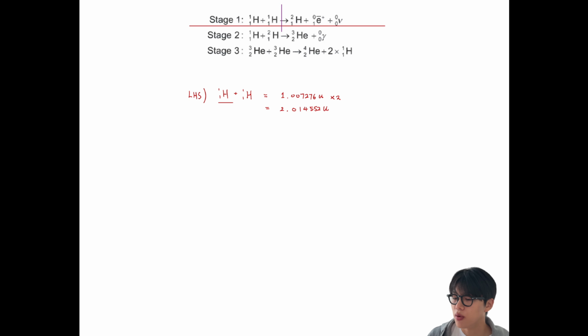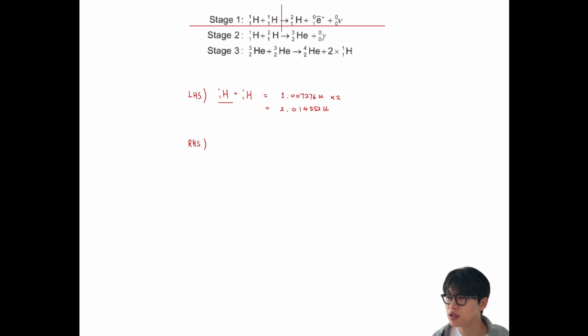And let's go to the right-hand side. On the right-hand side, the data for the deuterium, which is 2 1 hydrogen, is given, and we have an electron and neutrino. However, that's actually not an electron, that's a positron. Anyway, the mass of the electron and positron are the same.